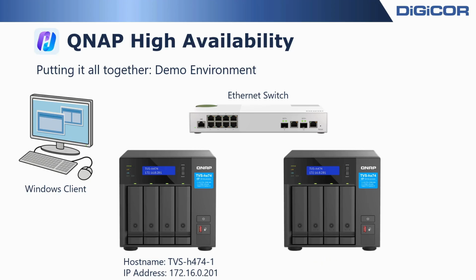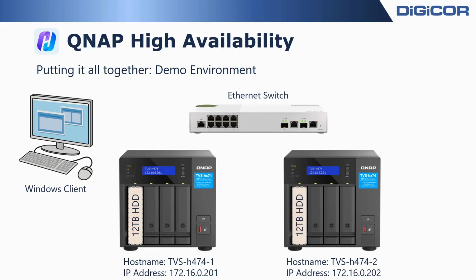Our second NAS device has been assigned a host name of TVS-h474-2 and has been assigned a static IP address of 172.16.0.202. From a storage configuration standpoint, our first NAS device has a 12 terabyte hard drive installed in the first bay, and because they need to be identical, this is the same on our second NAS device.